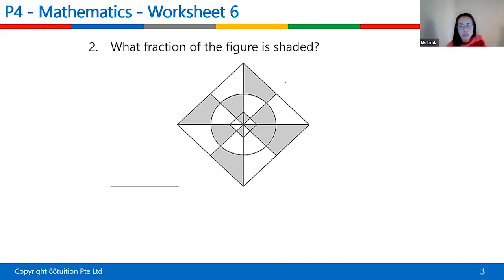All you need to do is take all the shaded parts and fill them into the available unshaded parts to see how many are actually shaded, since they're all very odd shapes. If I put this one to here and this one to here, it covers up this part. Let's just focus on the upper part.